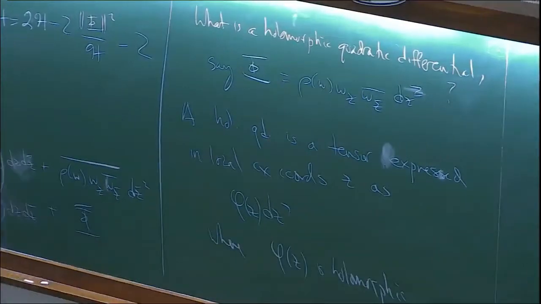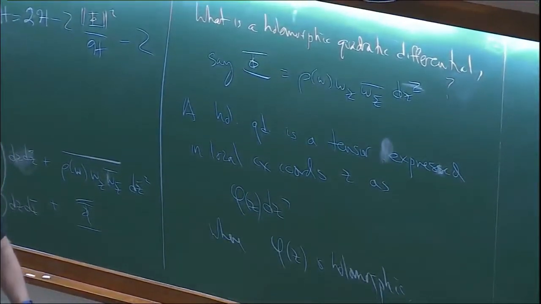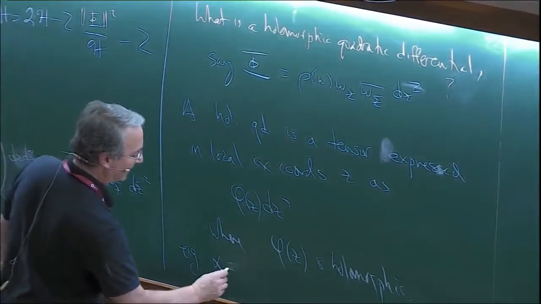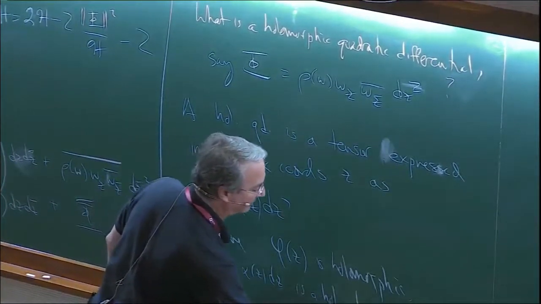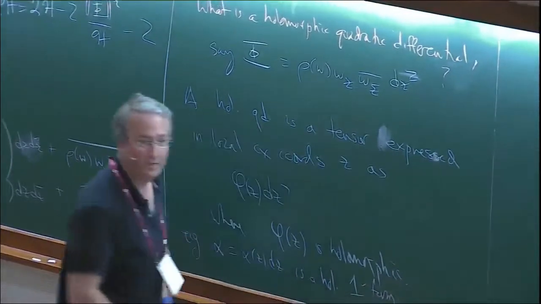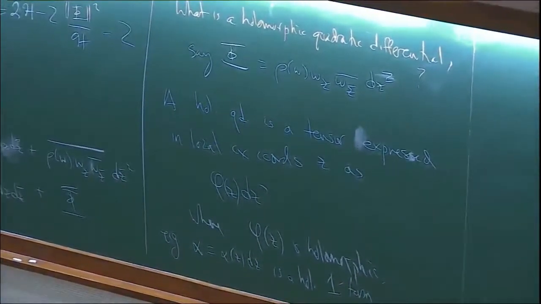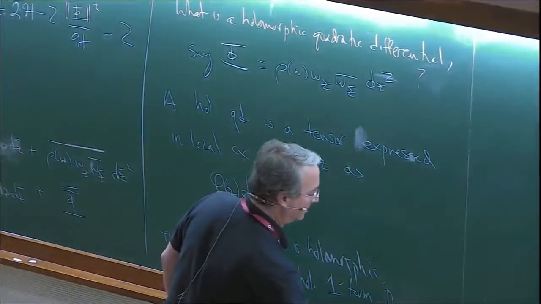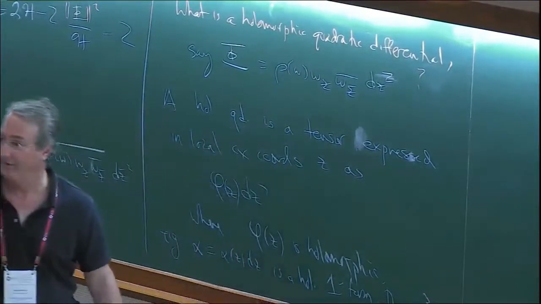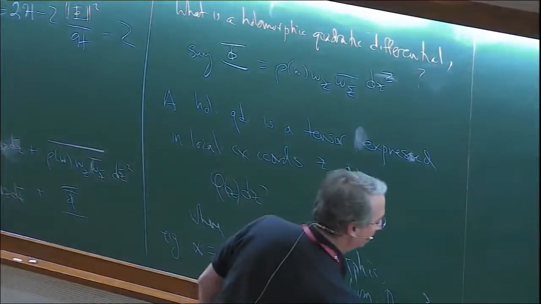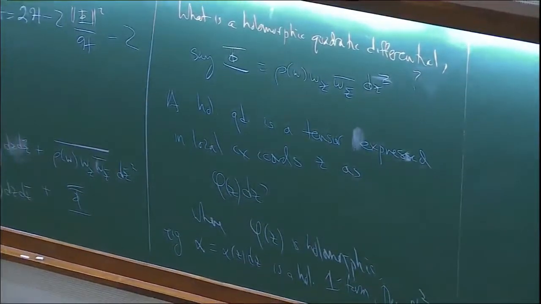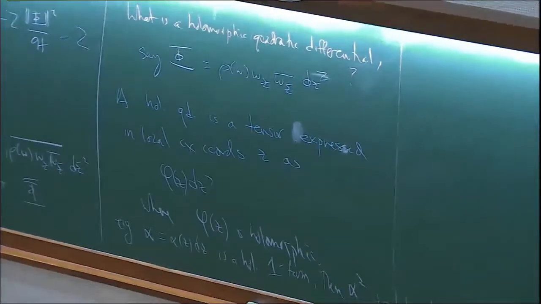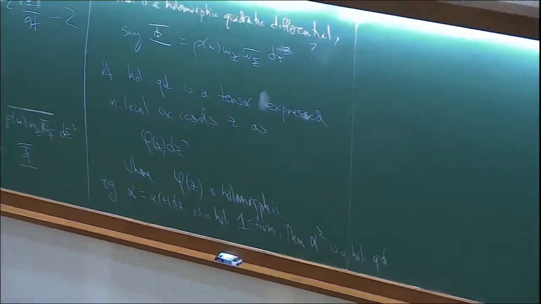And that's it. Maybe you're used to holomorphic one forms. So for example, if alpha of z dz is a holomorphic one form, and these are common on Riemann surfaces, then if you square alpha, that's a holomorphic quadratic differential. Not all holomorphic quadratic differentials are squares of one forms, but squares of one forms are holomorphic quadratic differentials.